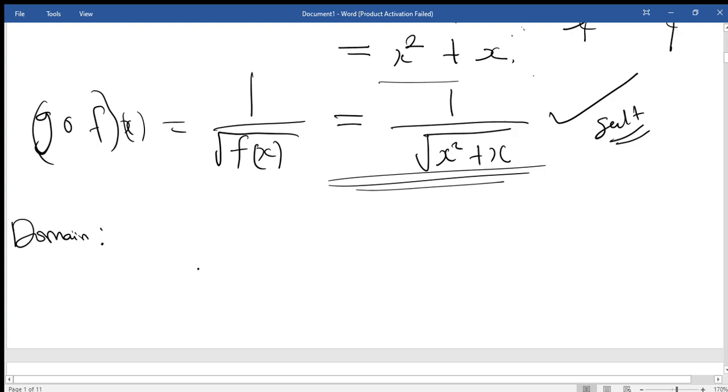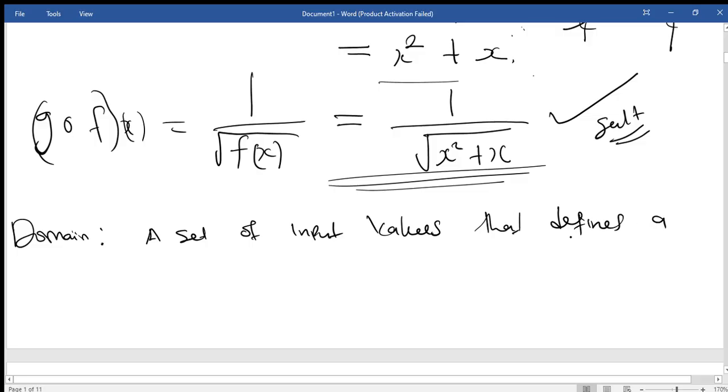The domain is a set of input values that defines a given function. So if this is our given function, we're looking at the input values, and in this case what are we talking about when it comes to input values? We're talking about x values. That's what it means by input values.